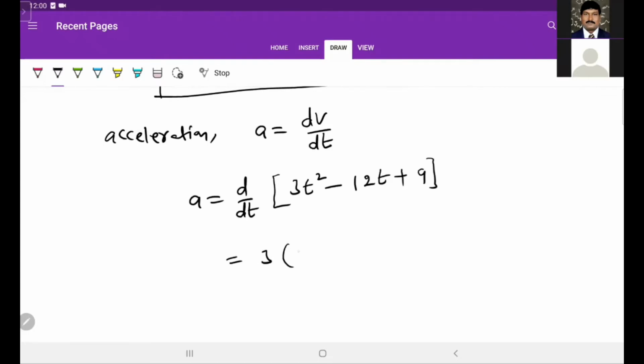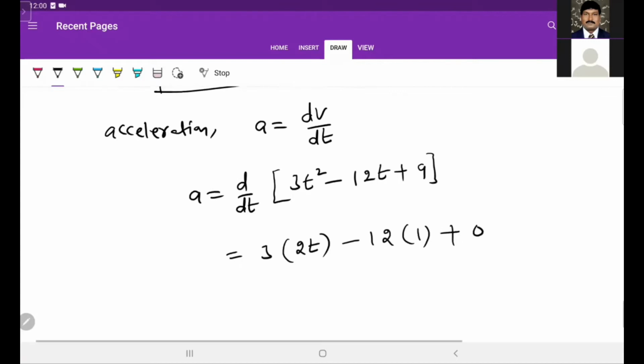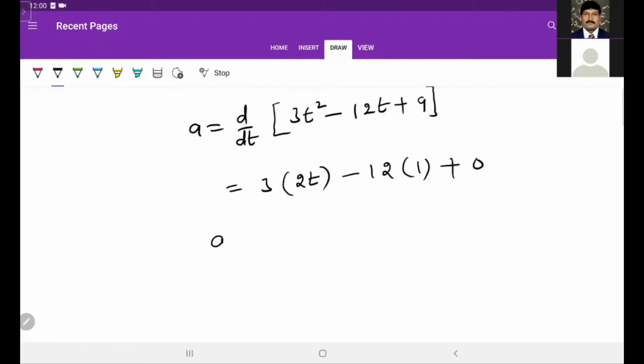Differentiate t square, we get 2t. Next, differentiate t, we get 1. And differentiate 9, we get 0, because 9 is constant. So we get acceleration is equal to 6t minus 12.